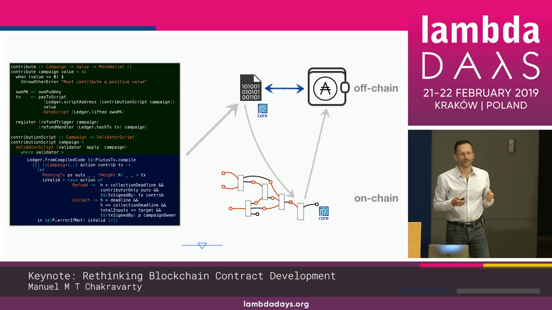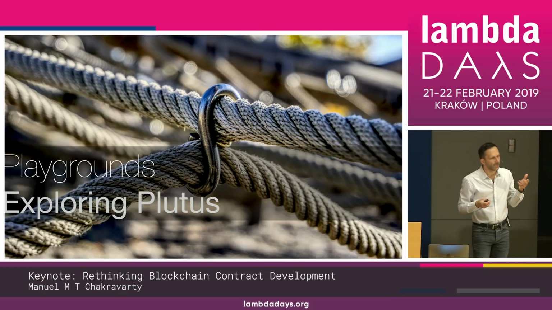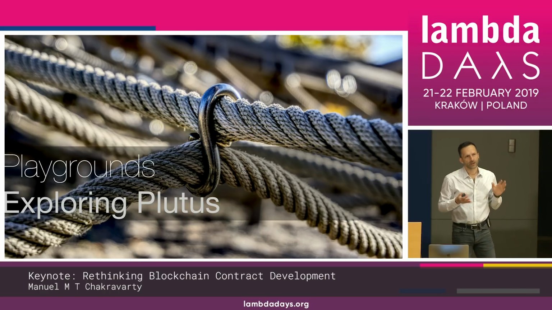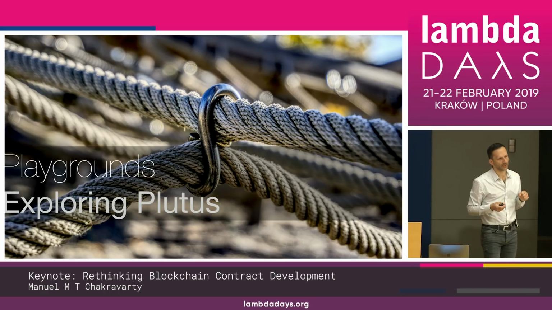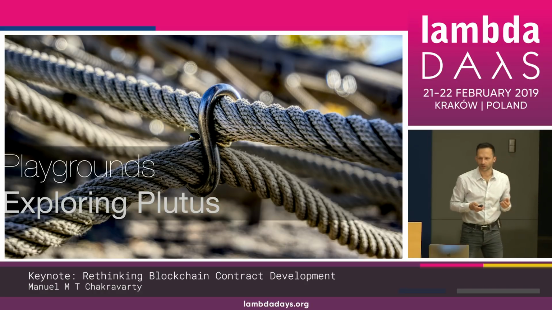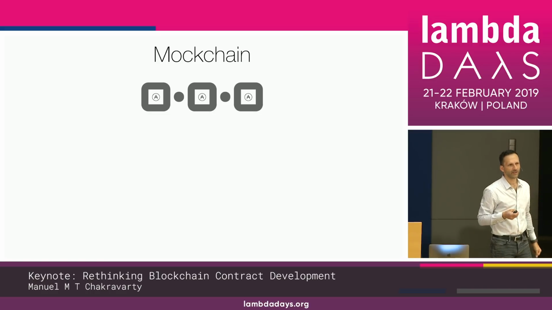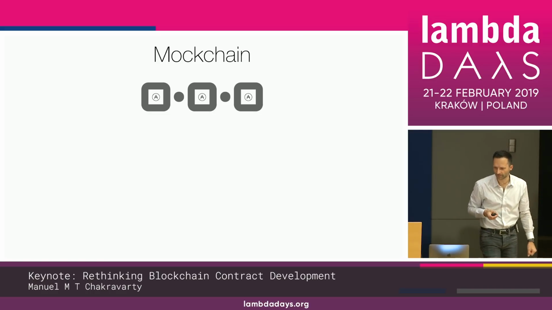All right, so what about the status of this? Well, currently Plutus isn't integrated in the Cardano blockchain yet, but again, because of our development methodology, we can still run Plutus code. So how are we going to do that? Well, we've got something we call lovingly the mock chain.